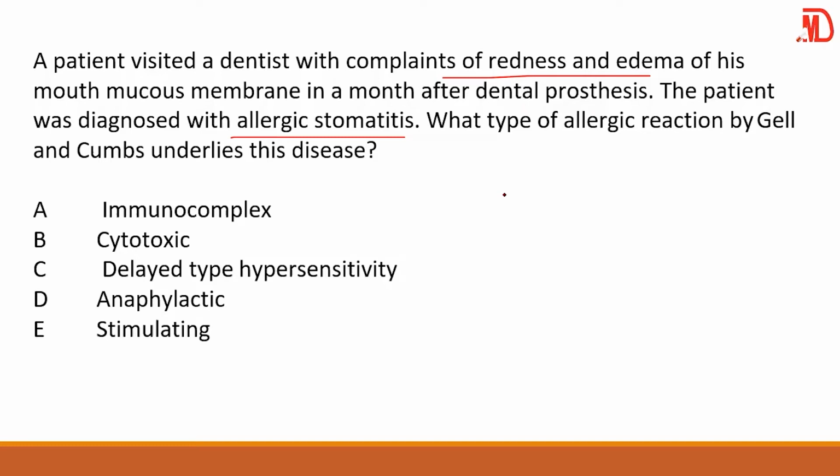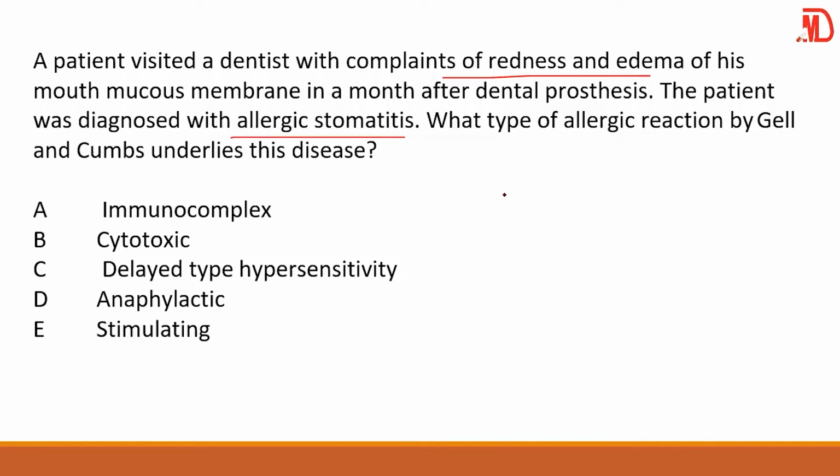When a donor gives, maybe, a kidney to another person who is the recipient, in the long run there can be a graft versus host disease, or a reaction. That is type 4. We can talk about multiple sclerosis and the tuberculin injection. All of these are a delayed type of hypersensitivity.